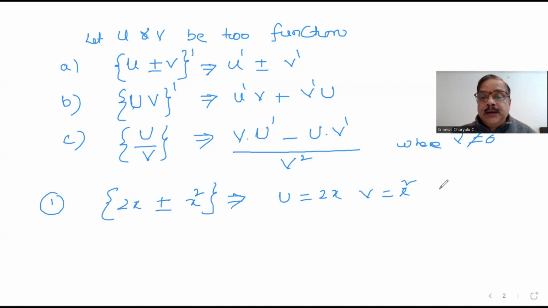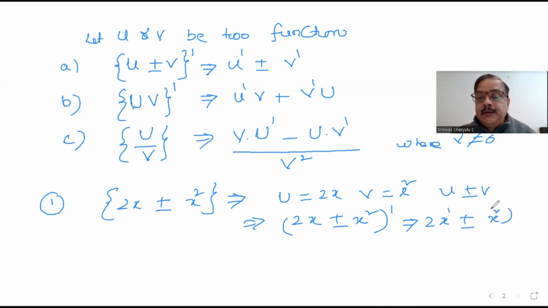So u plus or minus v will become 2x plus or minus x square. So now I want to do the differentiation. I wanted to calculate 2x dash, then x square dash. What is 2x dash here? 2 into what is x to the power of 1 minus 1.